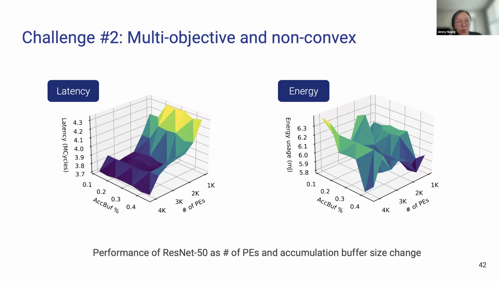As we can see from the two plots for ResNet, if we try to optimize the latency, we could potentially cause an increase in energy, and the search space becomes non-trivial for finding these Pareto optimal points. In addition, as you can see from this figure, the points for energy specifically are non-convex, which makes it very hard for existing algorithms to perform.